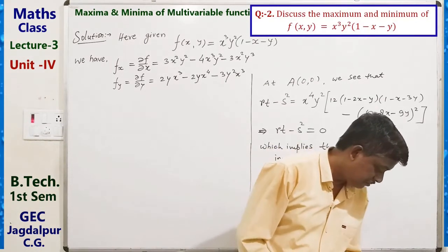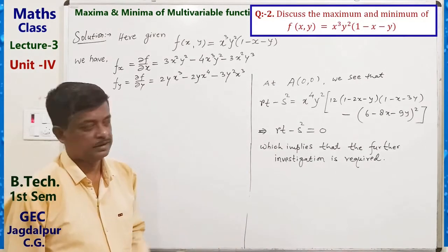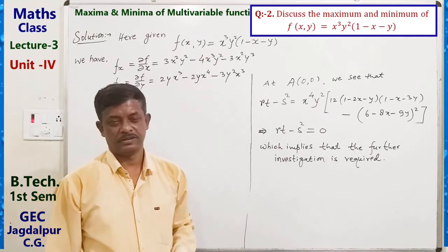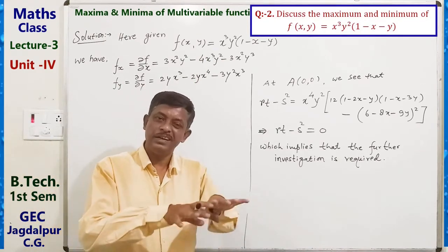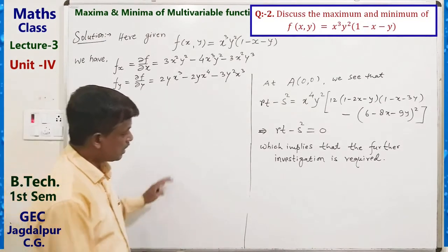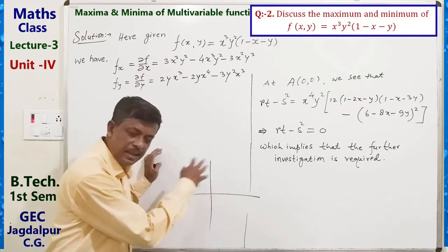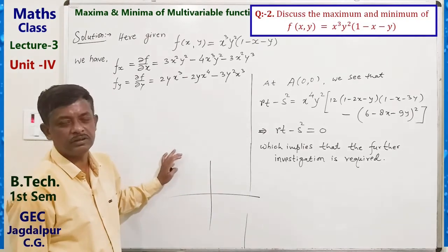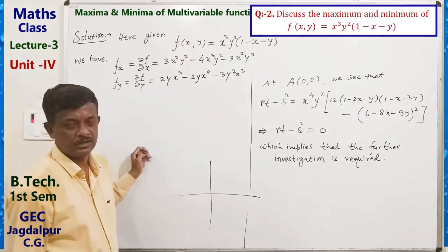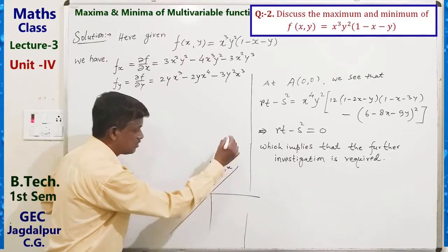So here, for this function, the domain is the complete plane, the xy plane. So in the xy plane, we can take any point for consideration as a domain of this function. Just consider the line y equals to x.